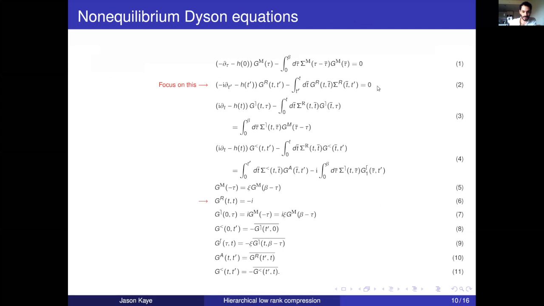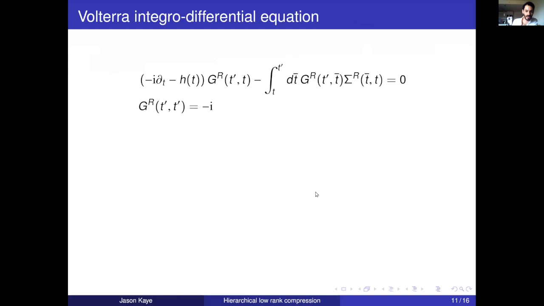This is an integral equation with its boundary condition. Let me rewrite that here, and I'm going to simplify it even more. But let's look at what the objects here are. We have these two-time Green's functions and this interaction kernel.